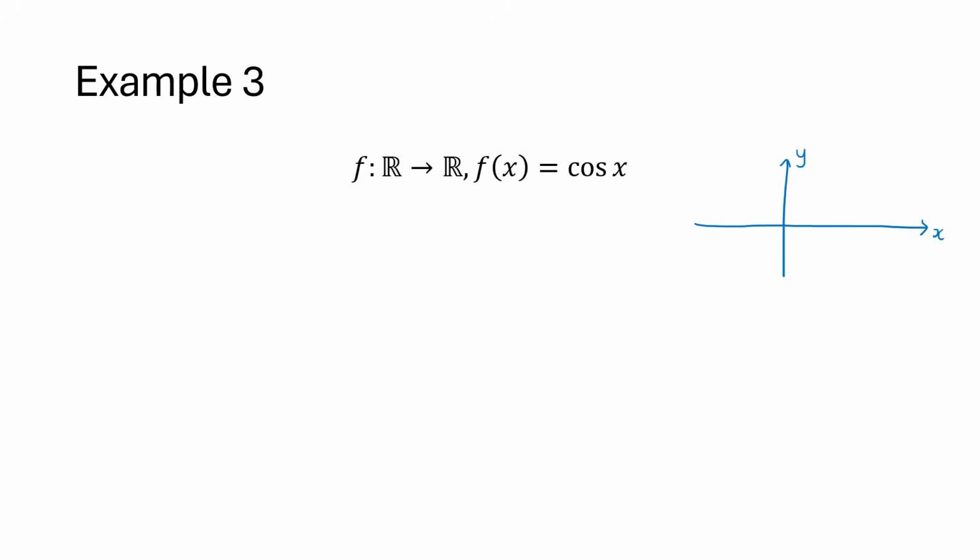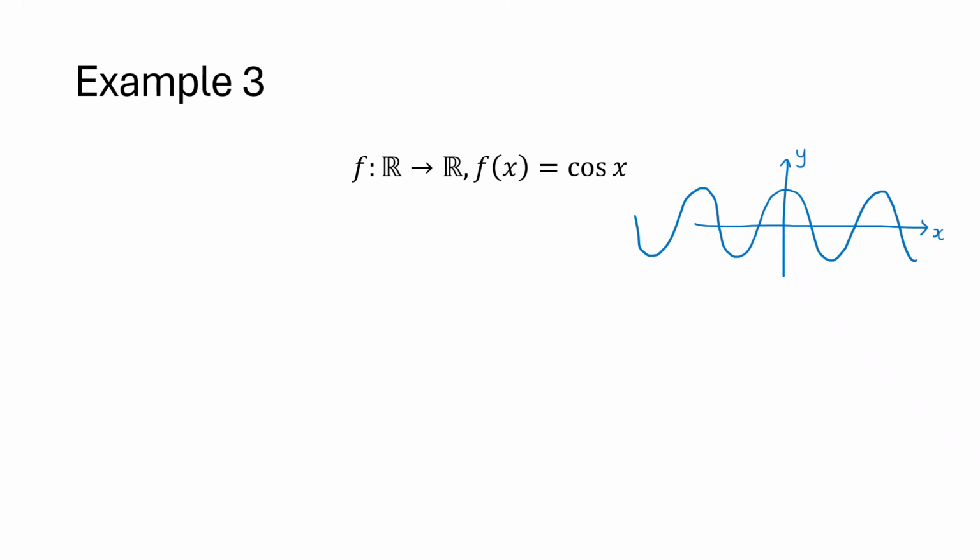There we have y is equal to cos of x, and you can see when you are drawing the graph, infinitely many times the height is going to be repeating. So we just need to pick one example where this is going to be the case.